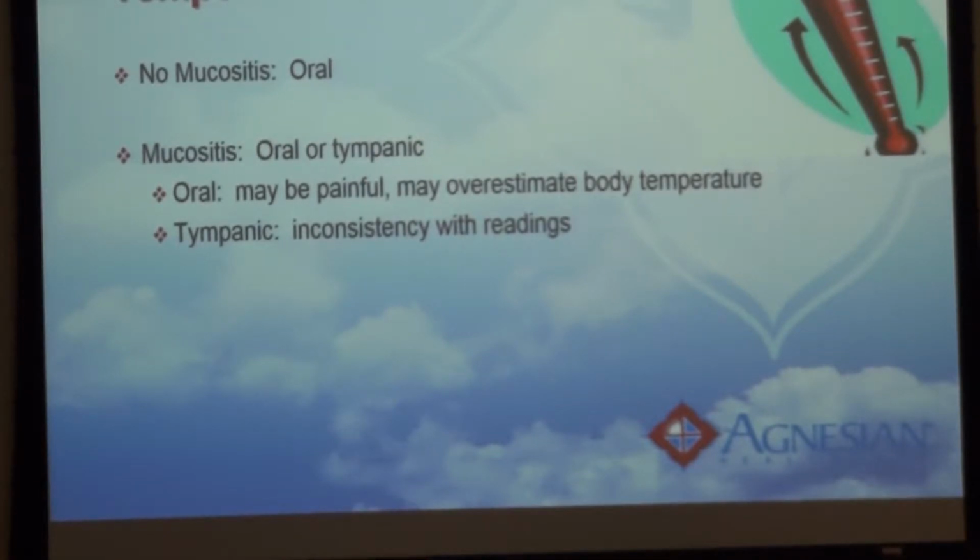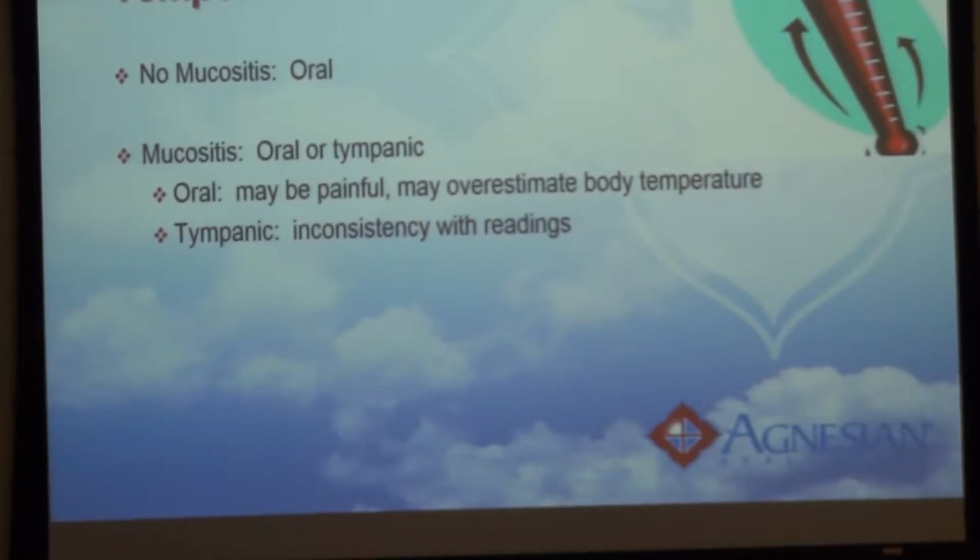But then we have a very common side effect in our cancer patients, mucositis, that inflammation of the throat and esophagus, with trouble swallowing and it's very painful. So it's not always ideal to put a thermometer in that painful area. The recommendation based on all those readings was tympanic. But again, these all come with their own pros and cons.